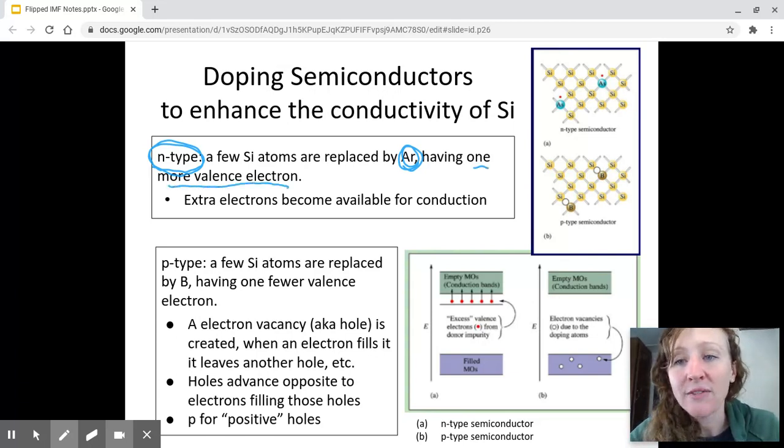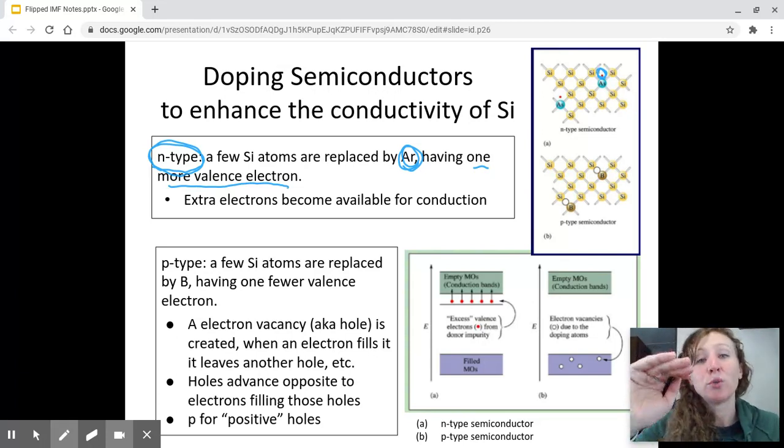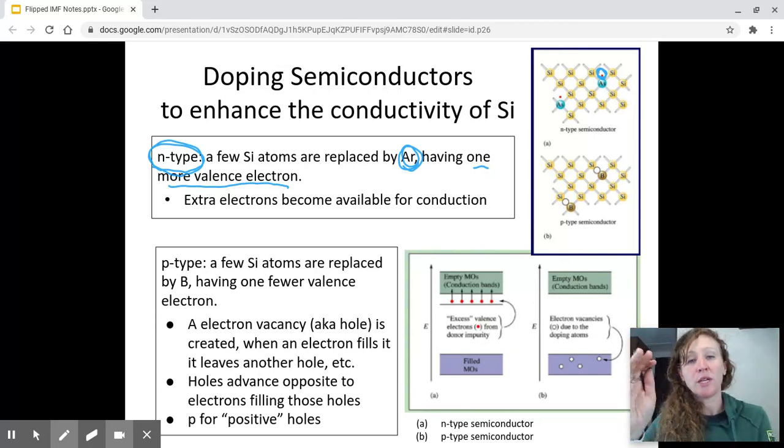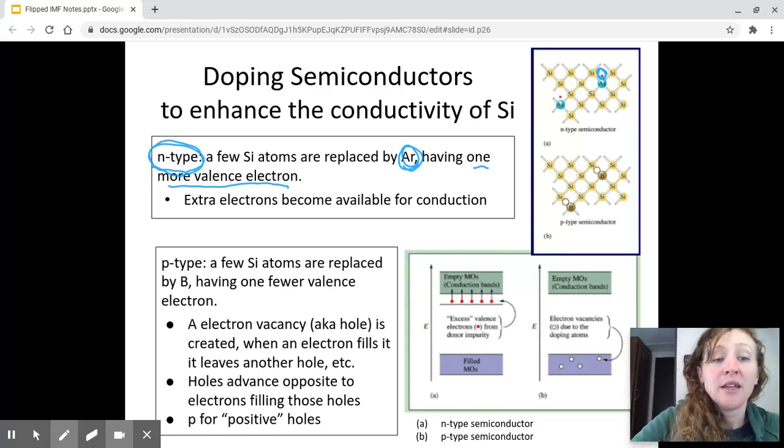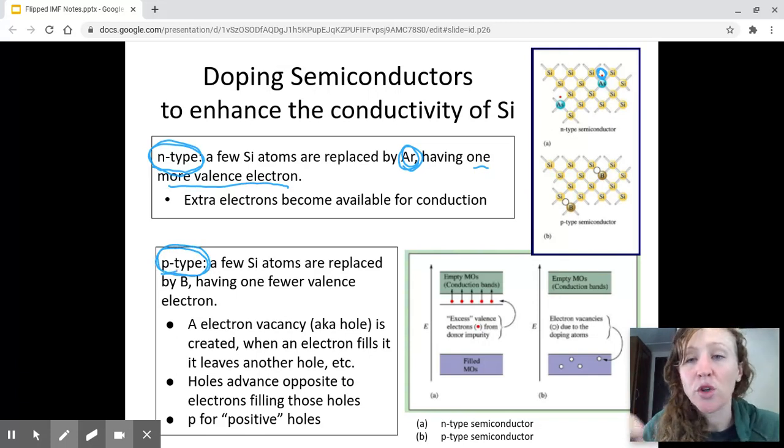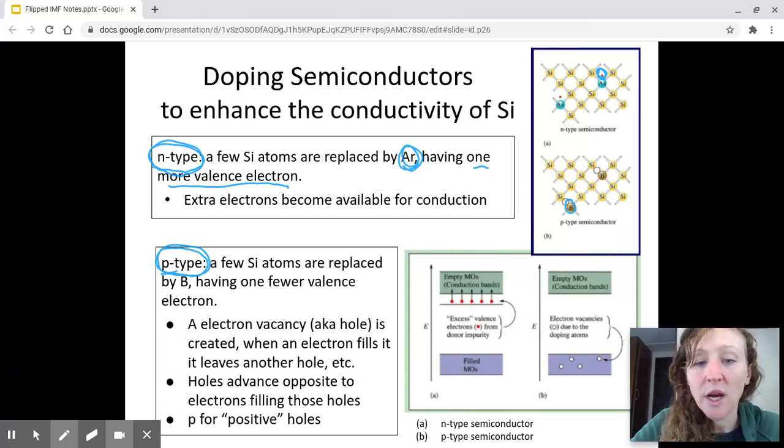So it's going to have these extra electrons that are available to promote into the conduction bands, these empty molecular orbitals. You can also have a p-type conductor, and a p-type conductor is going to dope silicon or replace silicon with something like boron, and boron actually has one less valence electron than silicon.